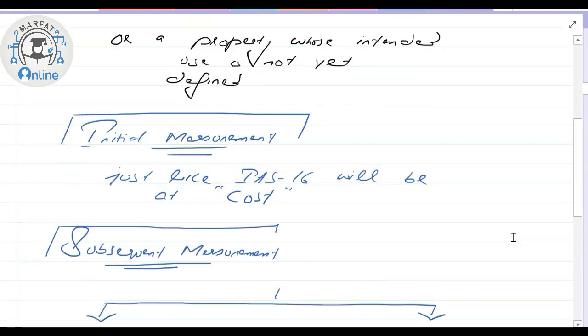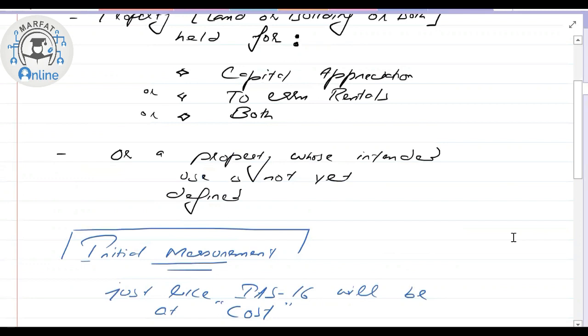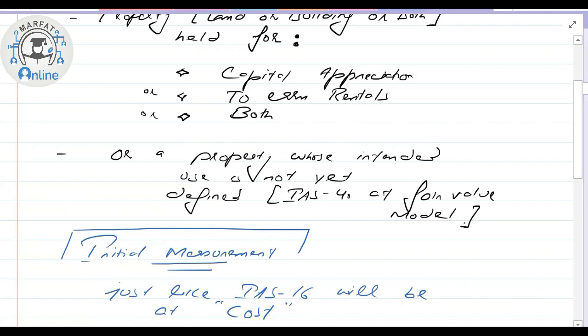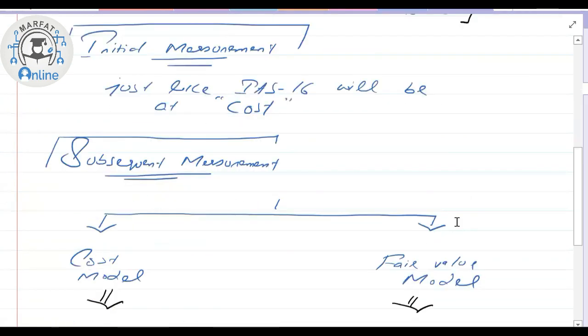Now remember this: a property whose intended use is not yet defined will be recorded in IAS-40 at the fair value model.